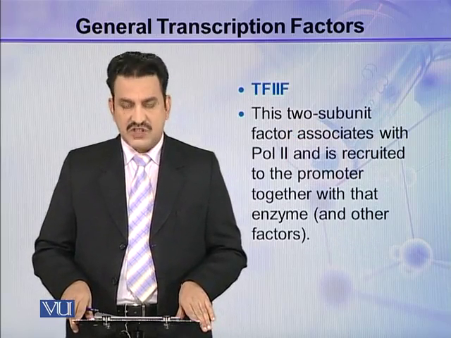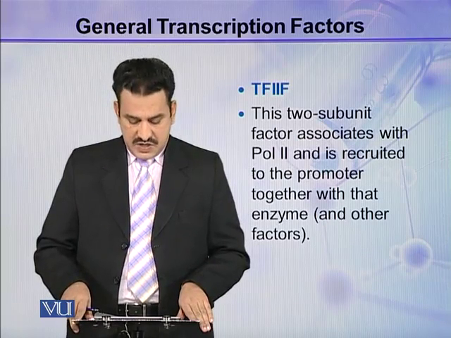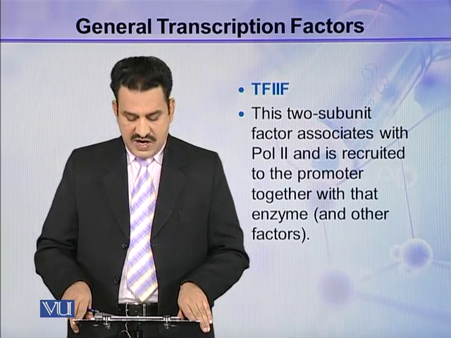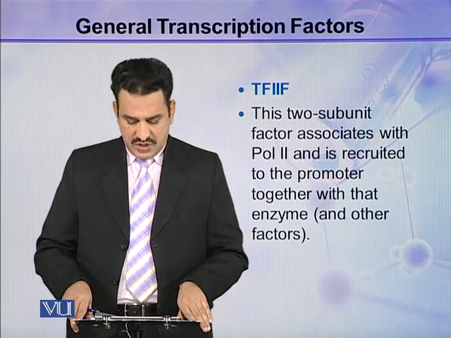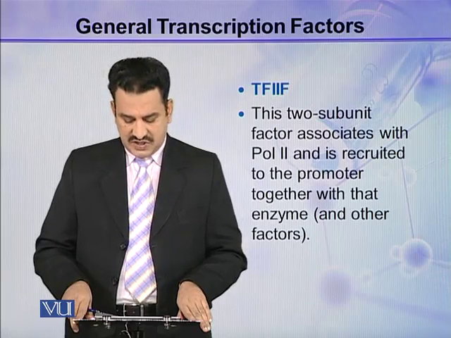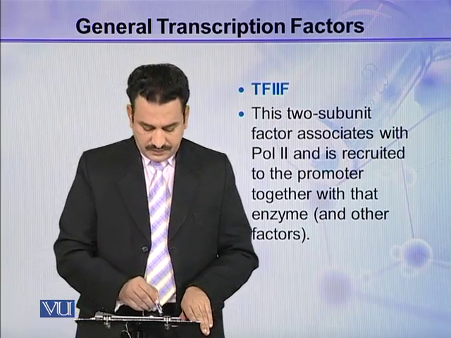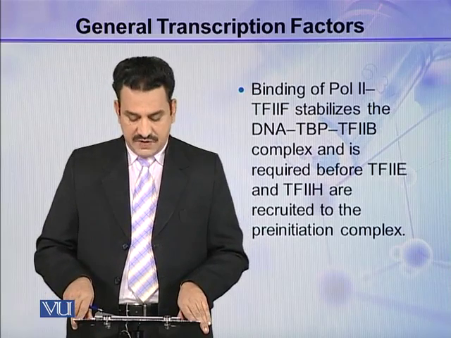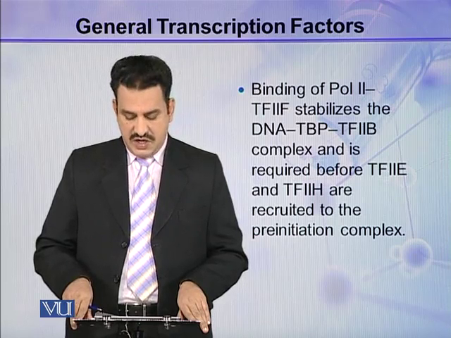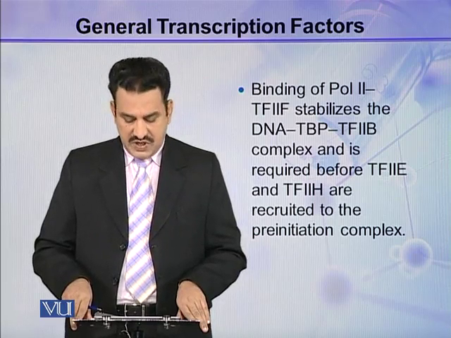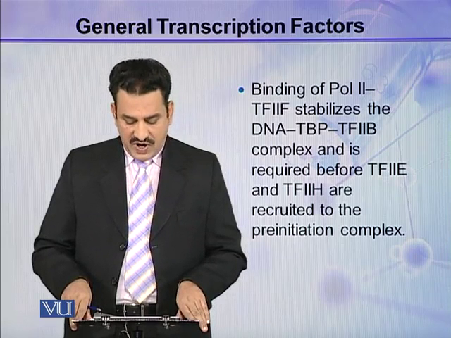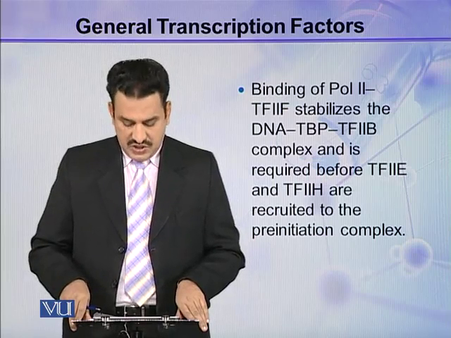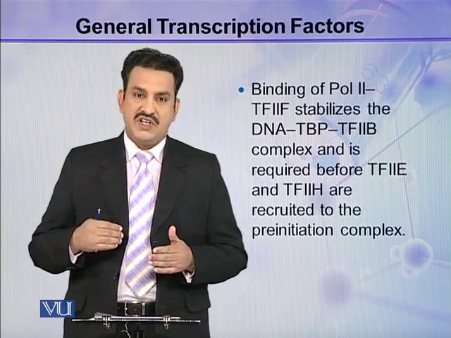Another transcription factor is TF2F. This 2 subunit factor associates with polymerase II and is recruited to the promoter together with that enzyme and other factors. Binding of polymerase II TF2F stabilizes the DNA TBP TF2B complex and is required before TF2E and TF2H are recruited to the pre-initiation complex.